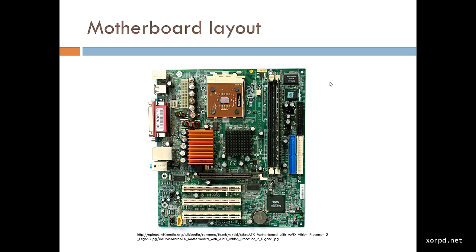We can see here a few things. This is where the processor should sit. We can see that this processor is made by AMD. We can see those letters here, AMD. We can see some other stuff here. Maybe if we already look at the motherboard layout, I can tell you some other stuff about the motherboard.